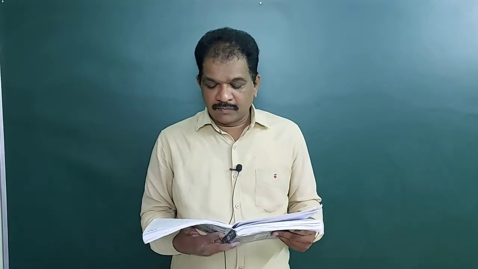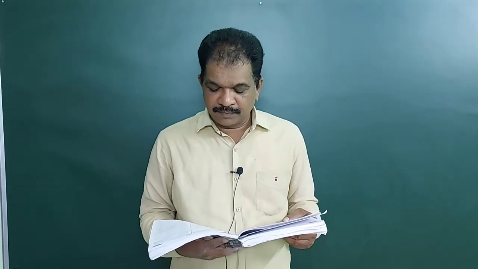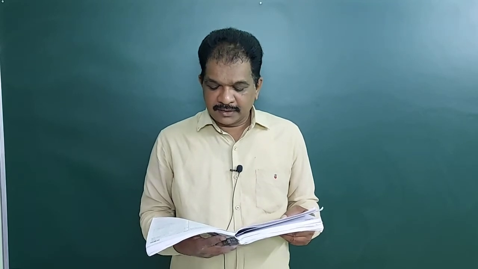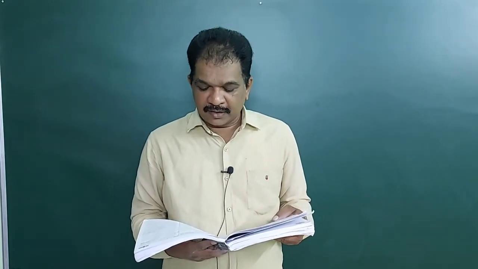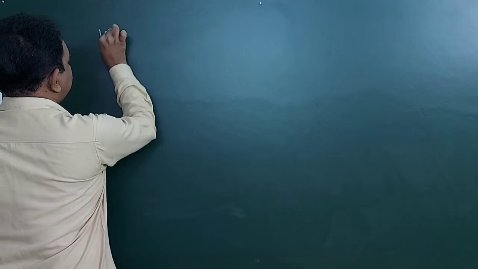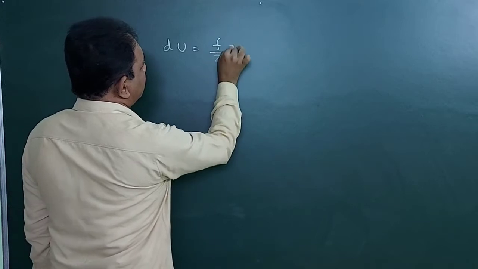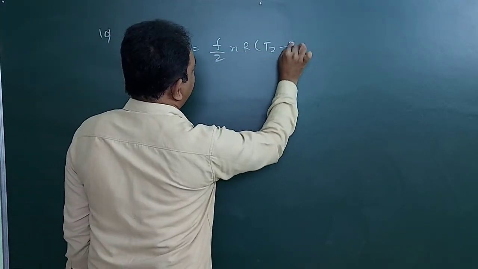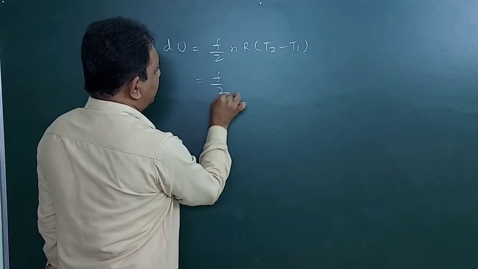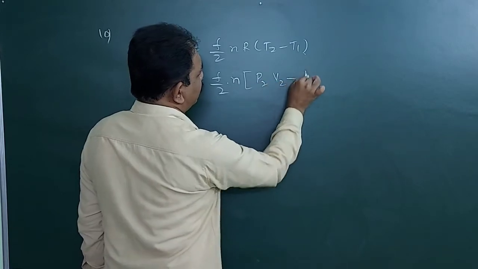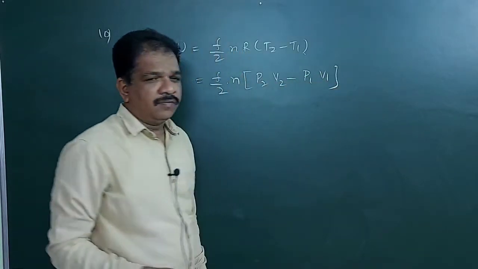Okay. Next, see the 10th question. 1 mole of an ideal diatomic gas undergoes a transition from A to B along the path AB as shown in the figure. The change in the internal energy of the gas during the transition. So change in the internal energy formula, delta U is equal to f by 2 nR (T2 minus T1). So f by 2 n into RT2 means P2V2, RT1 means P1V1.